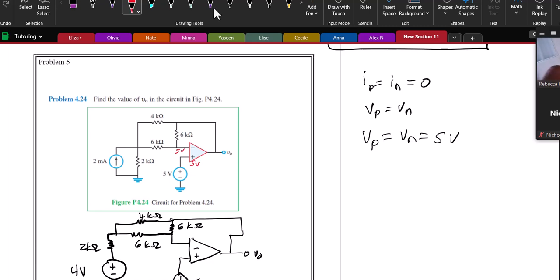Okay, then if I look at, I called this voltage right there V1.